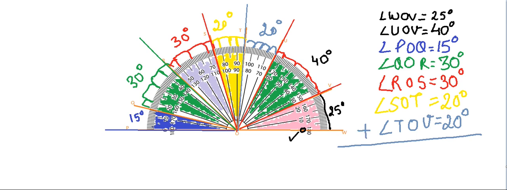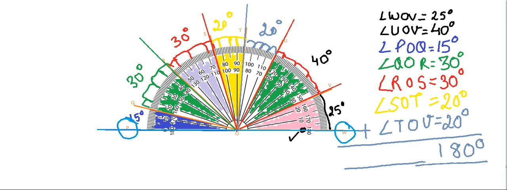Now the sum total of these angles should be 180 degrees. This proves that PW, you can see PW over here. This is P, and this is W. So this is a line segment, or we can say this is a line.